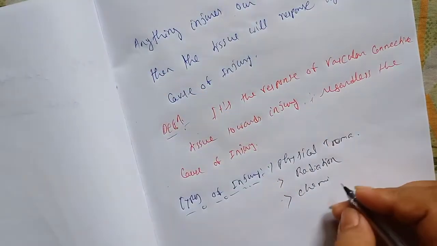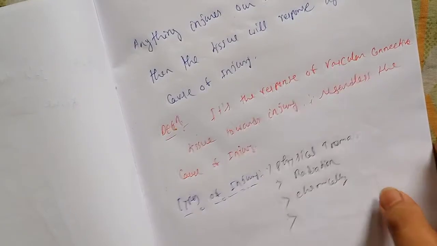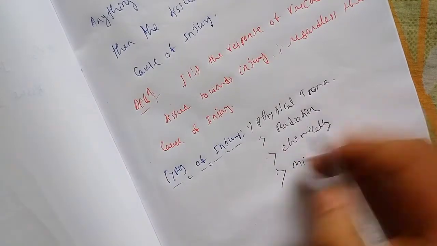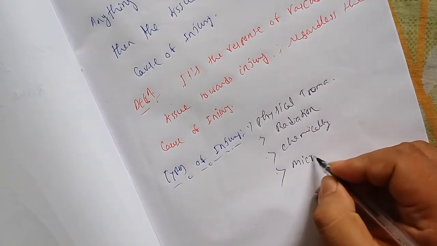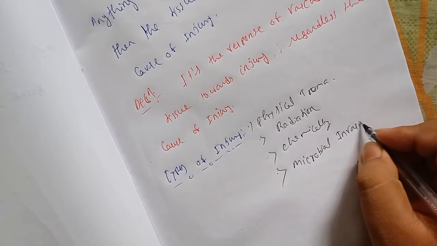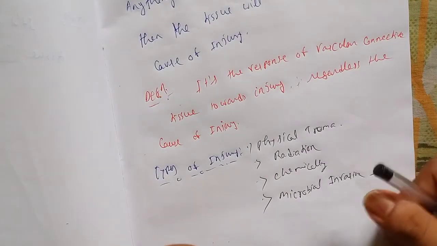It may also be by microbial invasions, by microbial attacks. There are many more reasons, so I'm just giving a few of them. So I can get injury from many of these causes.